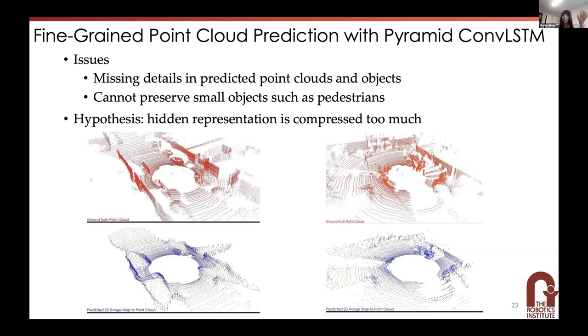Like I said before, we're just using a one-dimensional feature to represent every single point in the 3D world. Even with 150,000 points, we're just using this 512-dimensional feature to represent everything, which might not be possible. So that's why the model just ignores small things and only preserves large objects with large shapes, right?